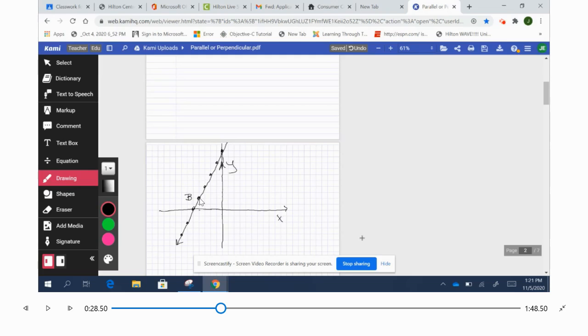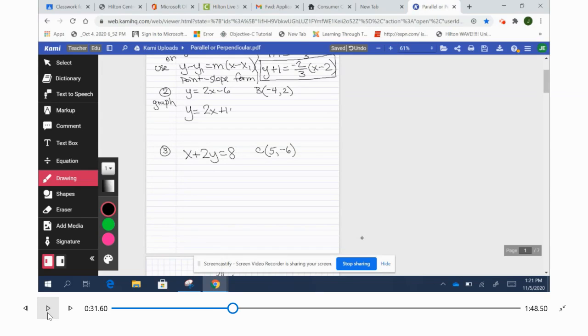So B is located. From there, I go up to right 1. I have to continue to go up to right 1 until I reach the y-axis. Then once I reach the y-axis, I would count how high up it is. And it's at +10. So on the graph, it crossed the y-axis at 10. So now it's y = 2x + 10.